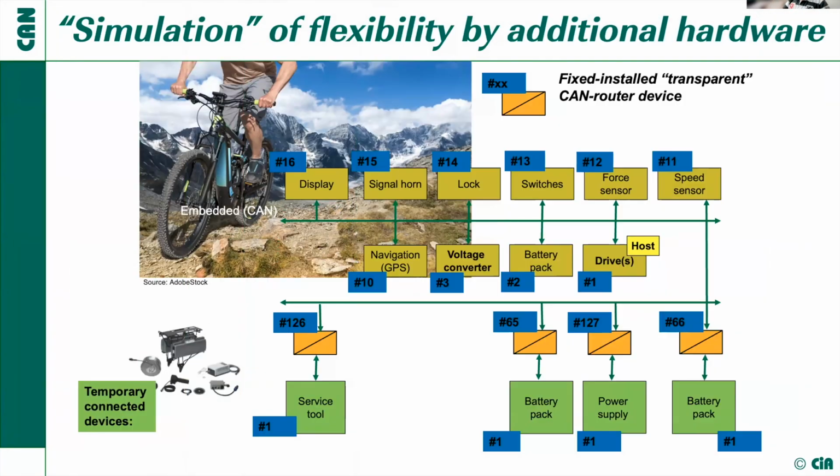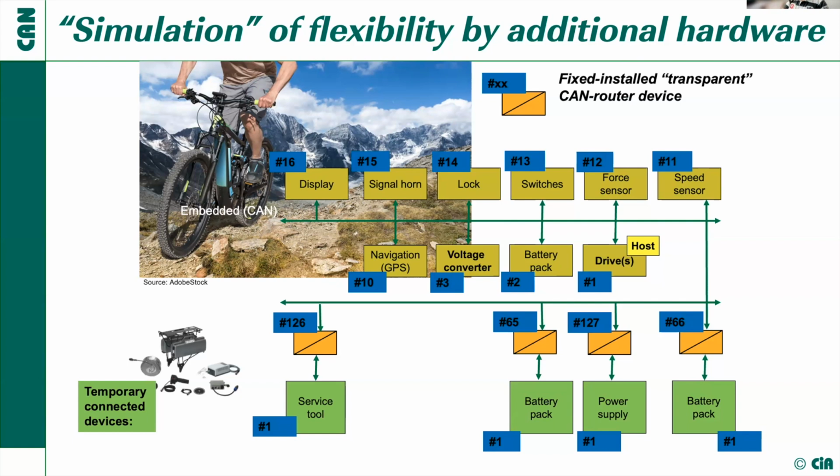Often seen in other systems where this dynamic attachment of devices is needed is a solution like you have at all the, let's say, open ends: you have a kind of router device, a bridge, and you say, okay, when you have your new device that you want to add, it typically comes with a default node ID.